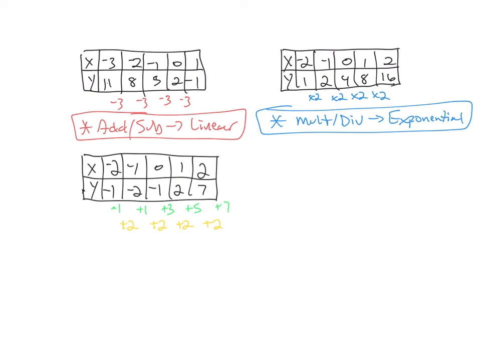And then the second difference, I have the same number each time. And so when I have a second difference or pattern, however you want to look at it, that is going to be a quadratic.